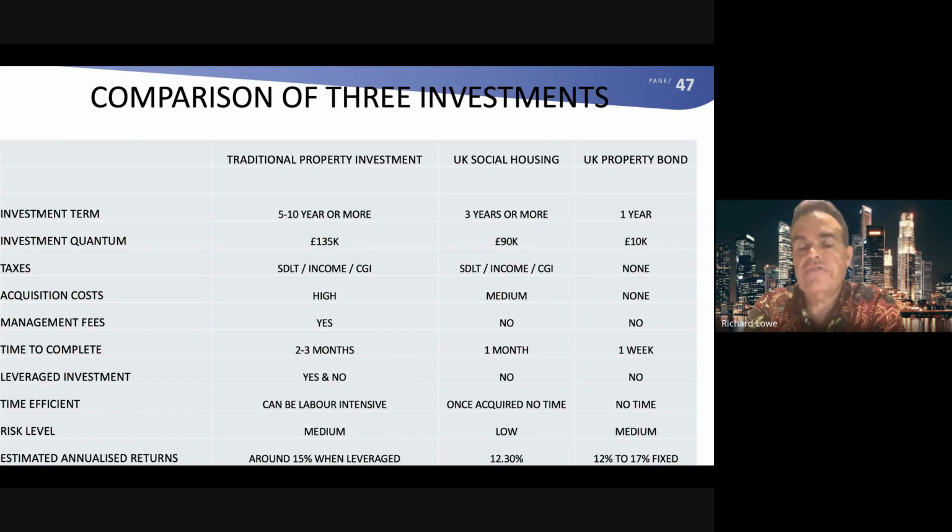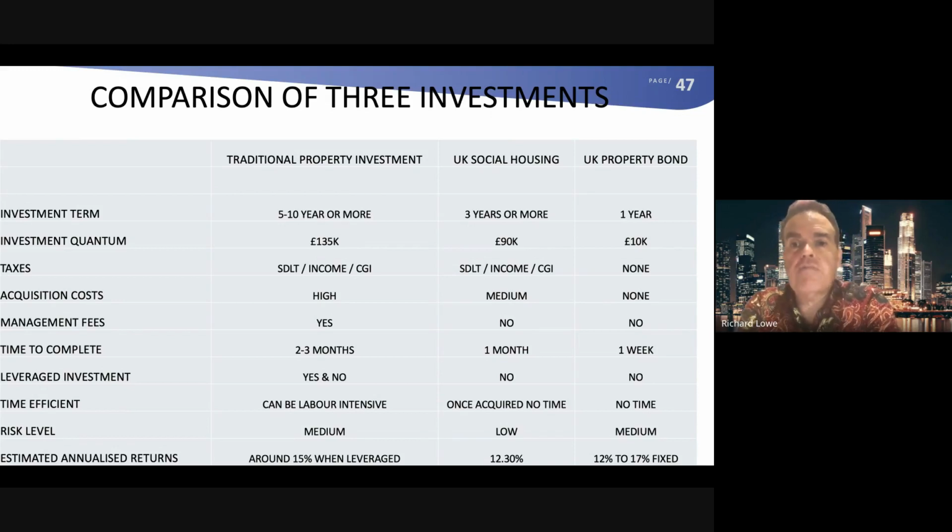Anything below £250,000, there's no basic stamp duty, but then it goes upwards to over £1 million and starts to increase quite significantly. Income tax in the UK starts at 20%. After the first roughly £38,000, you're up to 40% for anything above that. And if I remember rightly, above £125,000, you get into 45% income tax bracket. And the capital gains tax is between 18 to 28%.